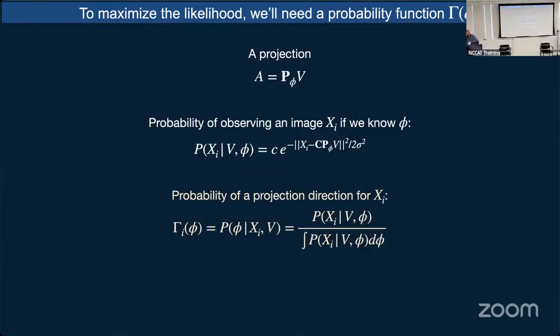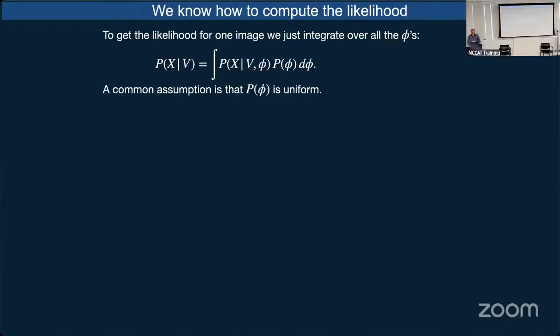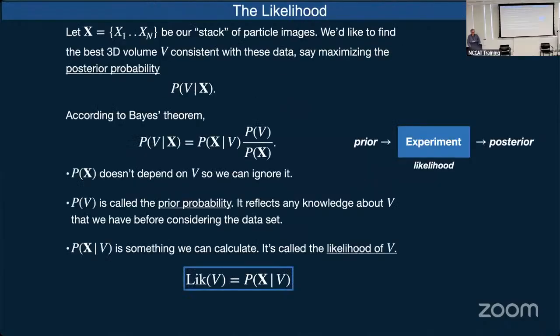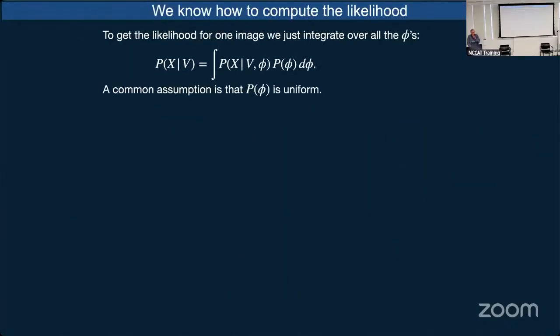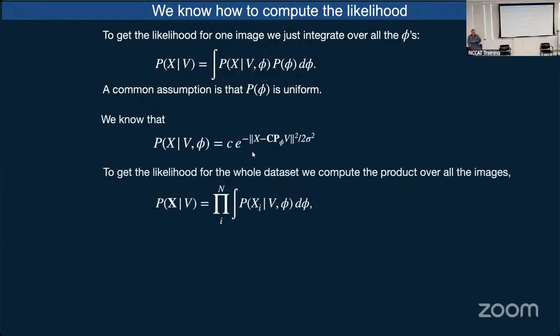But this sounds like a really hard problem, because to compute this thing, we take each image, we ask what's the probability that it arose from this volume with this projection direction.